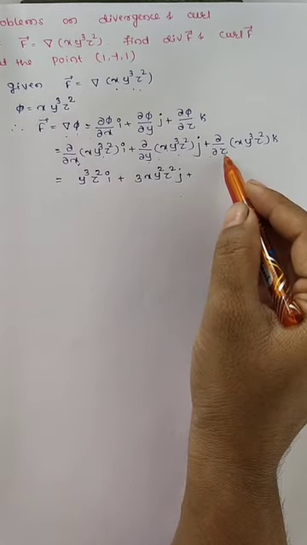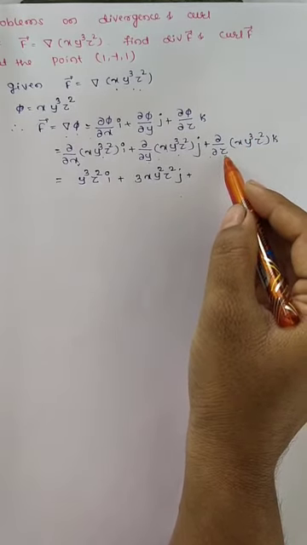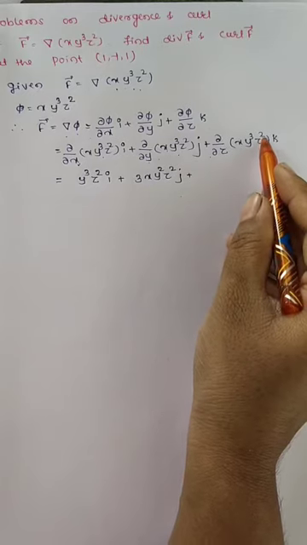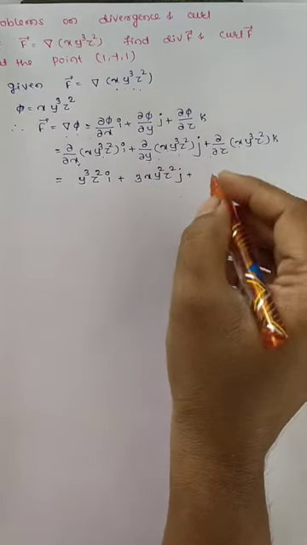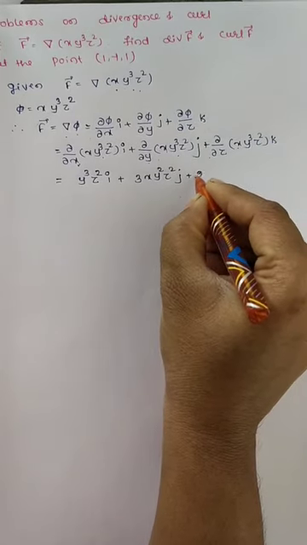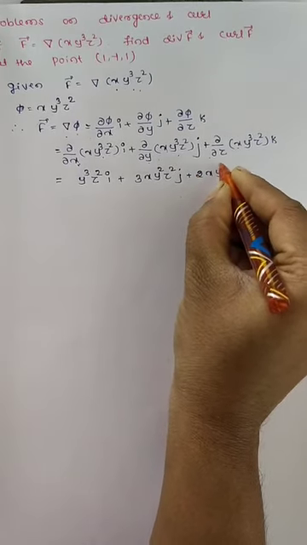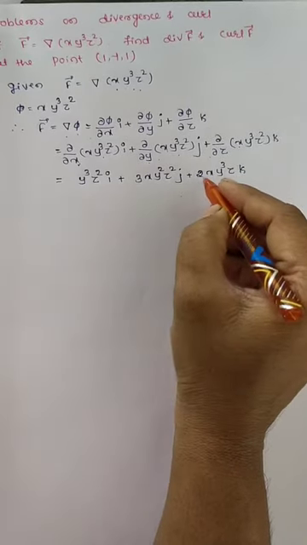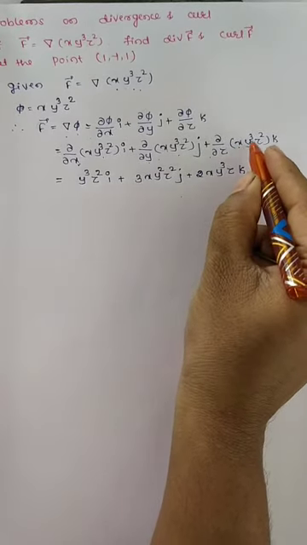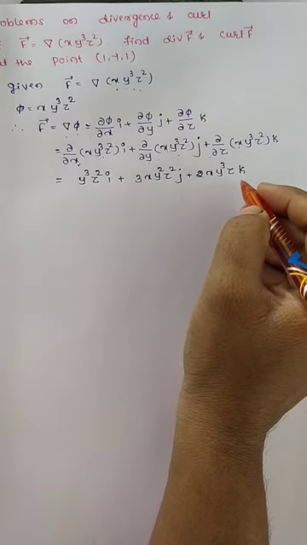Now differentiate phi with respect to z. The differentiation of z square is 2z, with x and y cube as constants here: 2xy cube z k. Xy cube i is kept as it is.